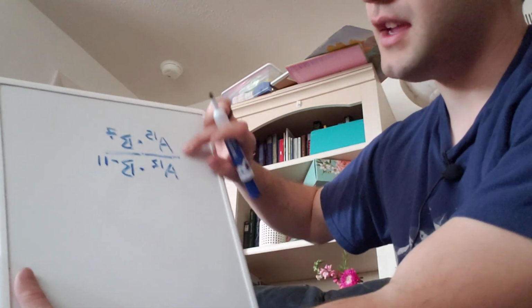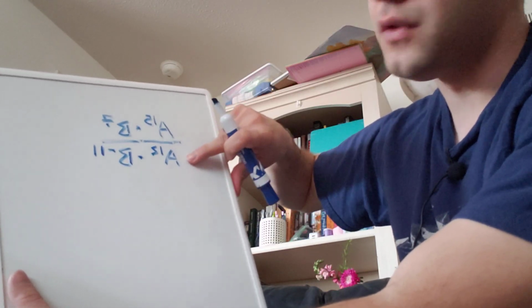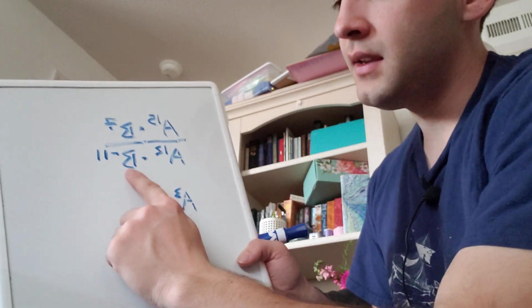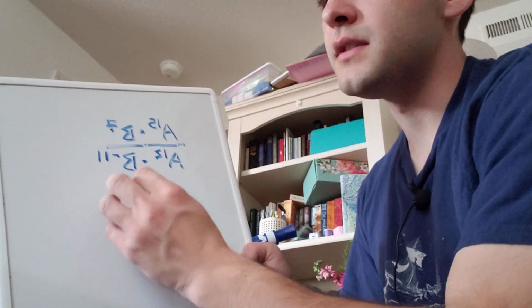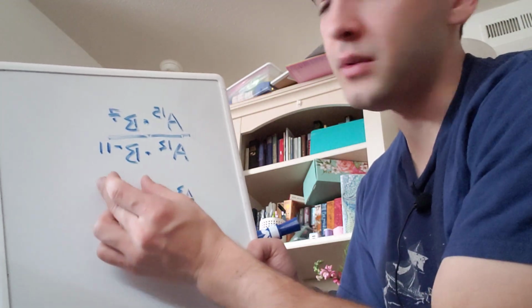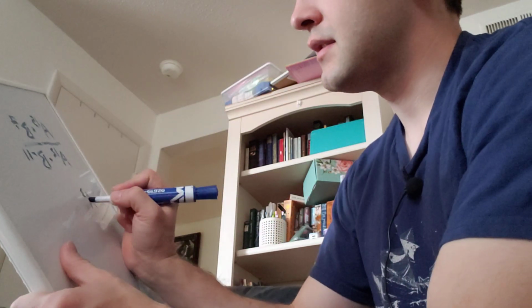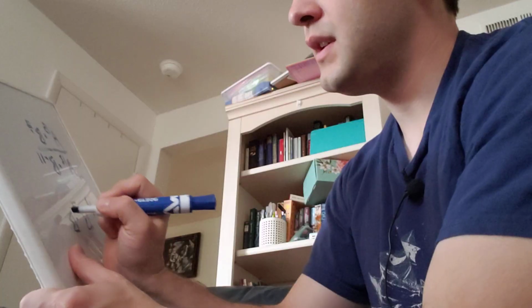We can cross out the a's like normal. So a to the 15 over a to the 12, we just subtract. So that becomes a to the 3 on top. But this b, that's to the negative 11. And that's on the bottom, which means basically anytime you have a negative exponent, you can flip it to the other side of the fraction and change it to a positive. So in this case, that's a to the 3 times b to the 7 times b to the 11.